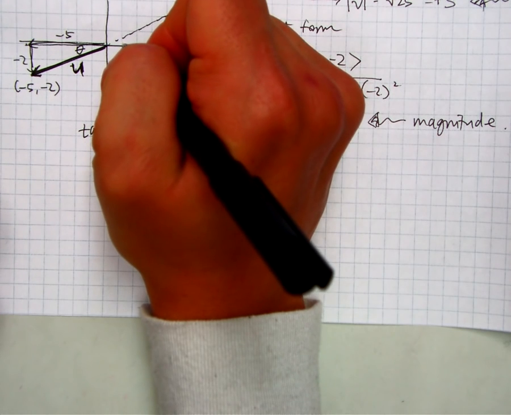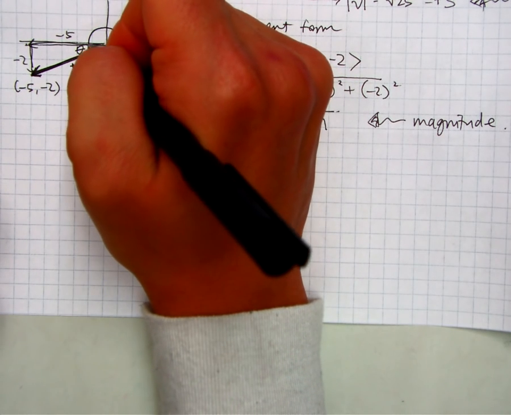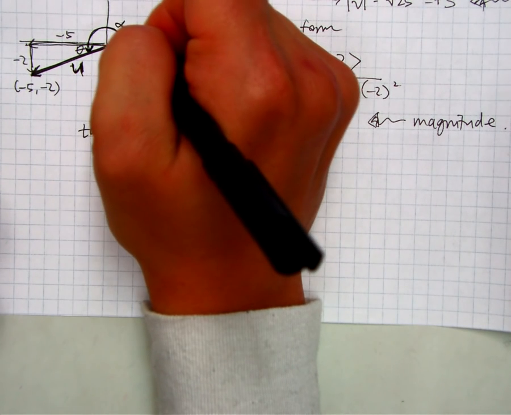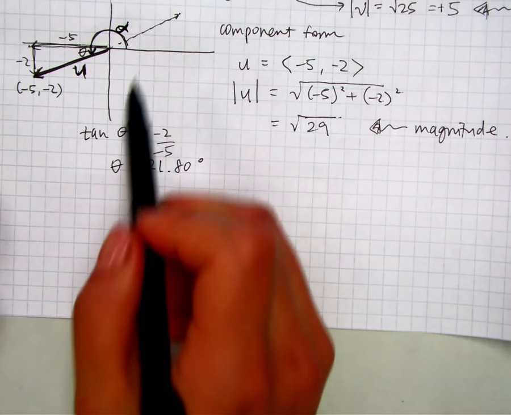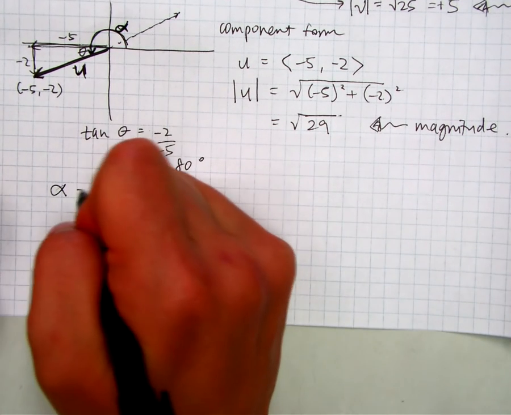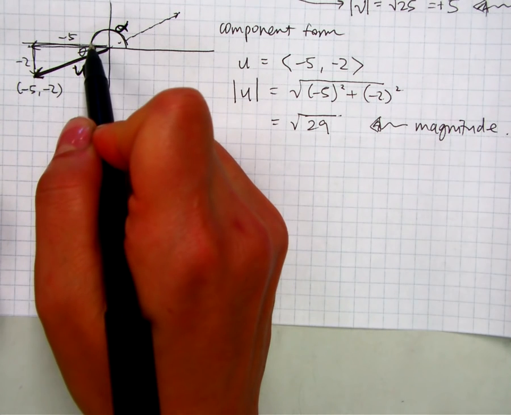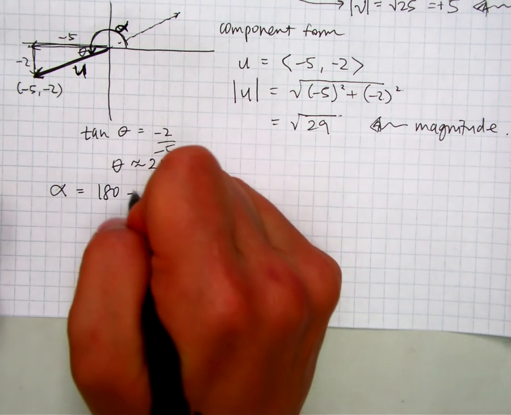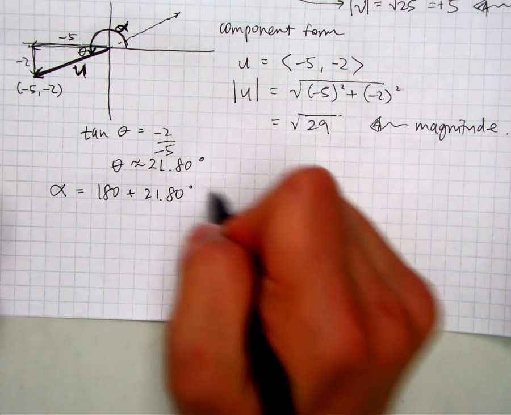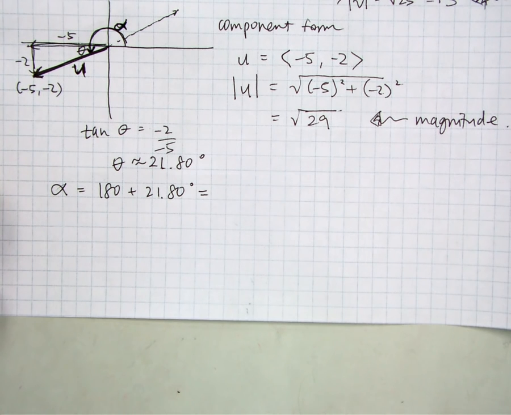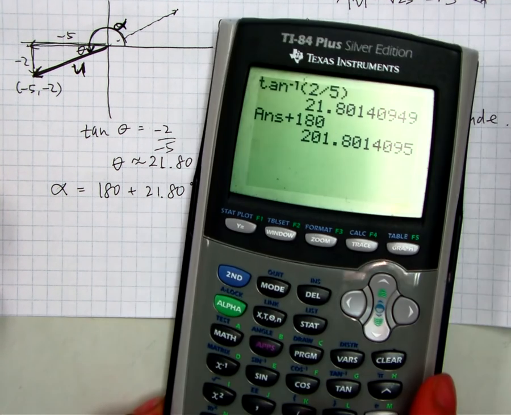The angle that we want, the actual direction of my vector, is this right here. So let's name this alpha. This is my direction. The actual direction is going to be 180 plus that 21.8. So this is going to be plus 180.